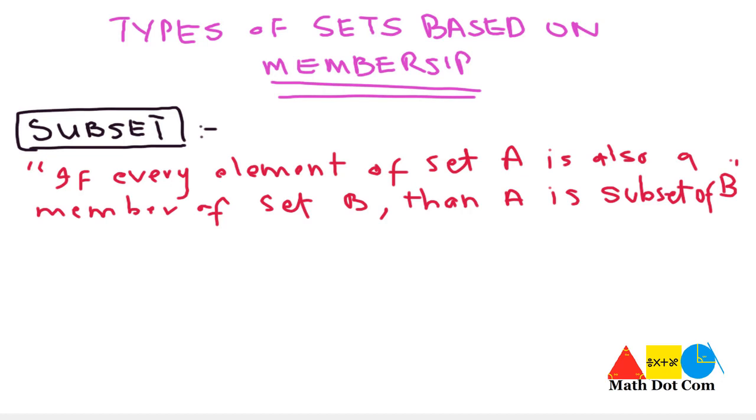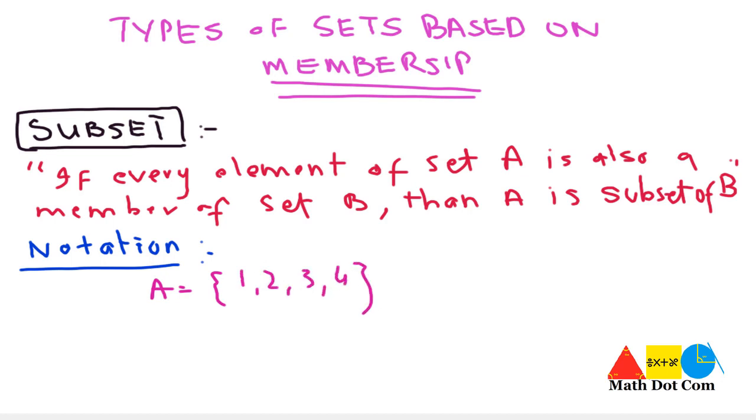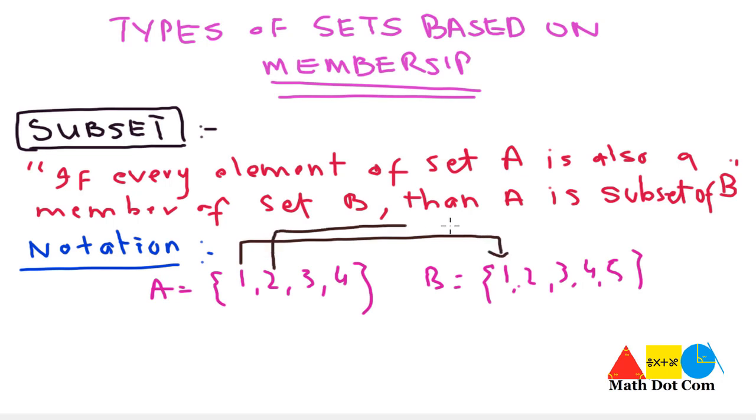Now let's see its notation with example. That is also very important. So let's say you have two sets. A is equal to 1, 2, 3 and 4, and the set B is 1, 2, 3, 4 and 5. Now we will see whether every element of A is in B. Let's do it by checking like this. Yes, 1 is here, yes. 2 is here, yes. 3 is here, yes.